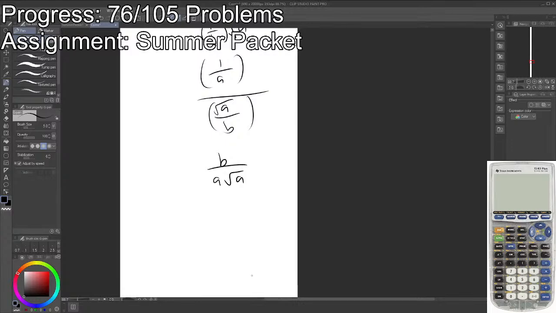See if that can be simplified. So I guess you add 1 plus half, so A to the power 3 over 2. Fair enough.